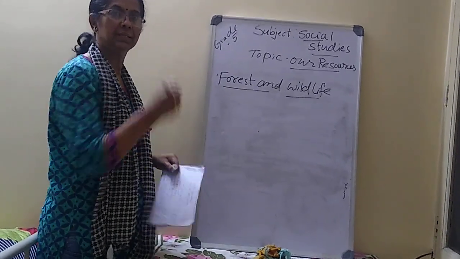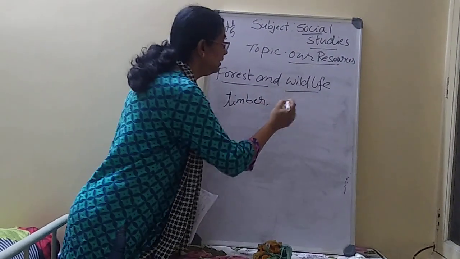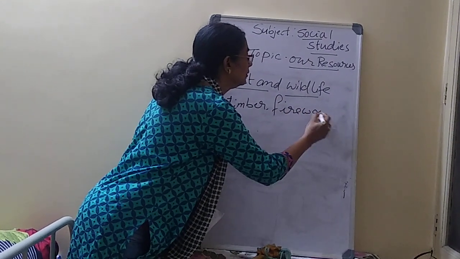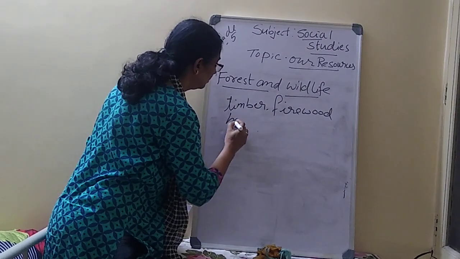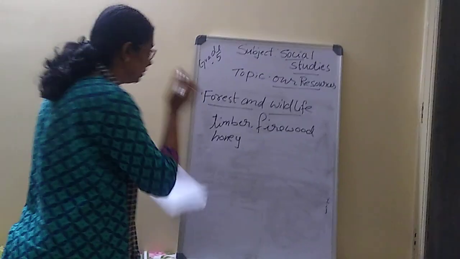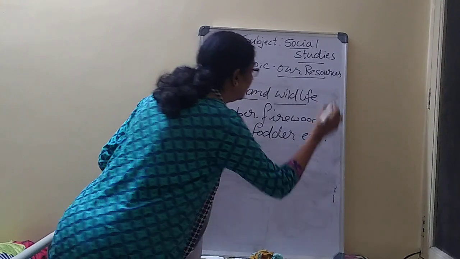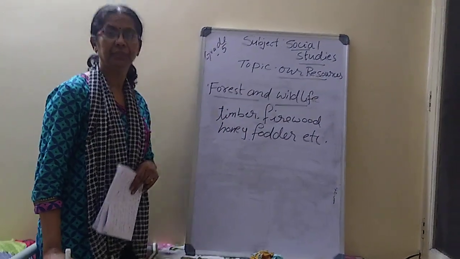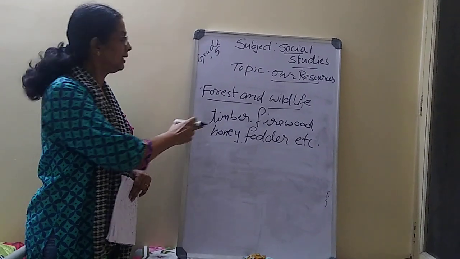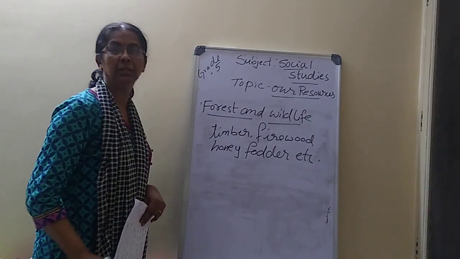They provide us things like timber, firewood, honey, food, etc. I'll repeat again. They provide us goods like timber, firewood, honey, food, etc.